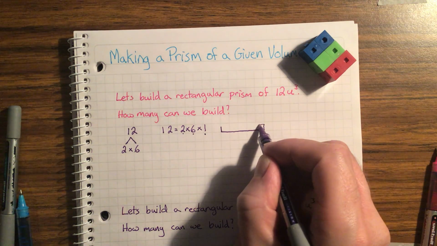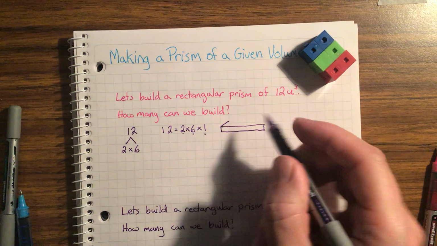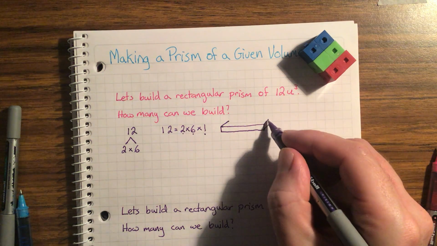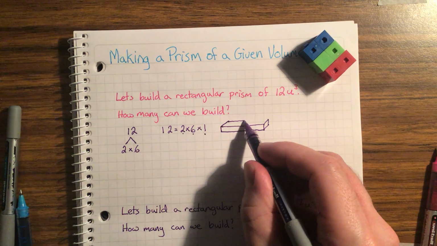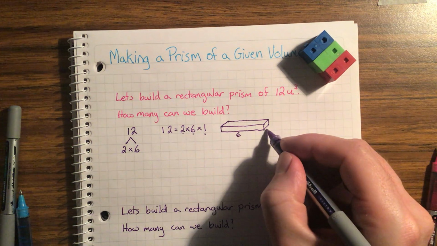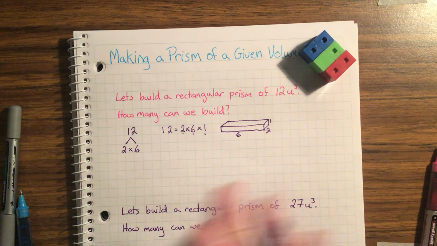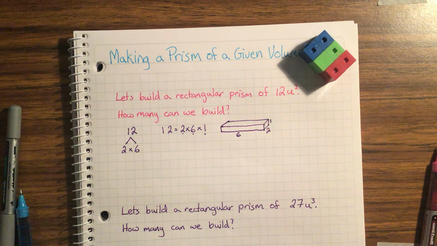I'm going to draw it kind of small. There it is. It would be 6 this way, 2 this way, or 1 this way. Now I could rotate this rectangular prism around, but there's my first one.